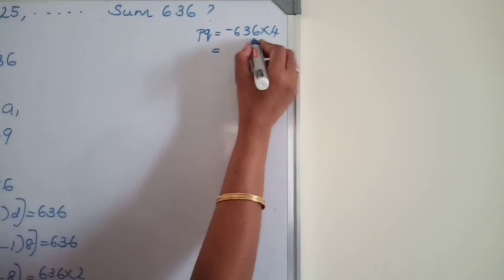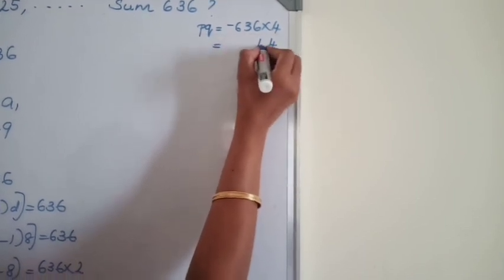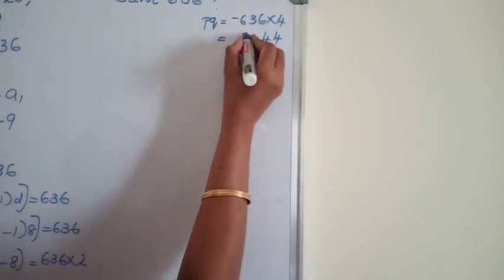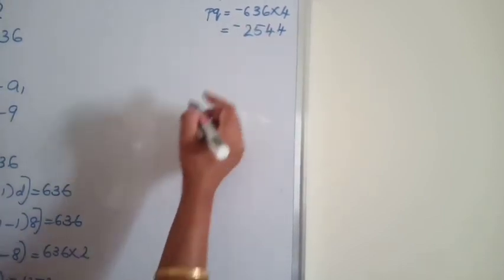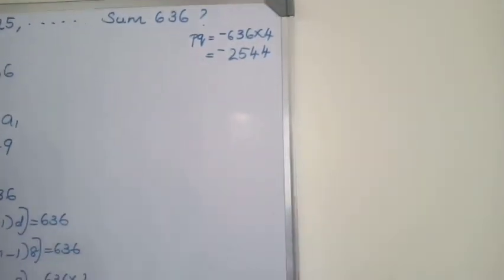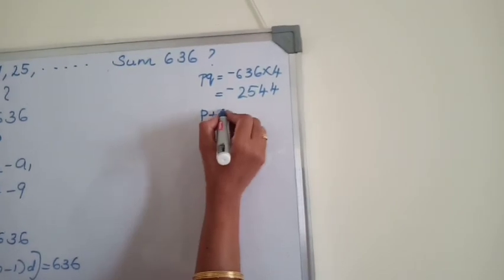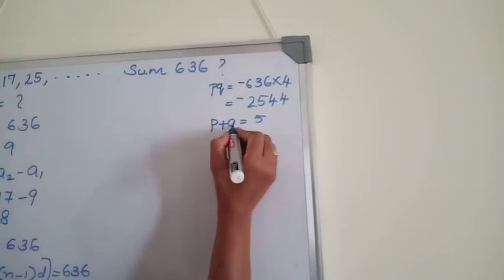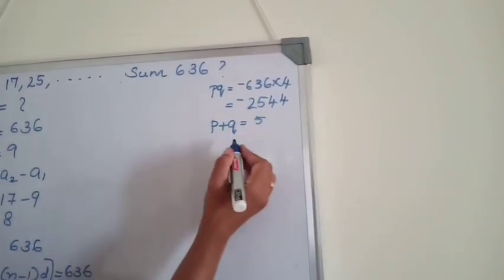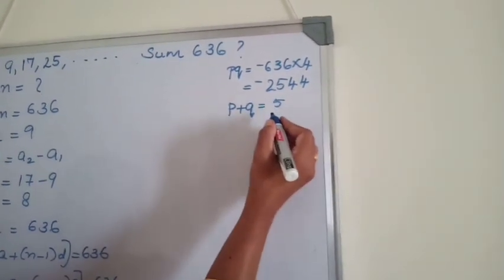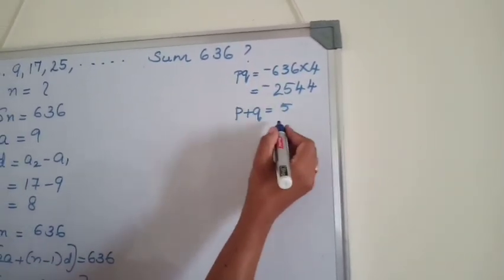So this will become 6 4s are 24, 14, 2544. Product is itself 2544 and sum is plus 5. We have to get the sum as 5. Such type of numbers we cannot find directly. By multiplying we will get this number and the sum is 5.